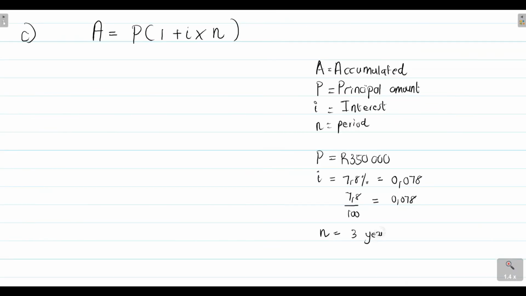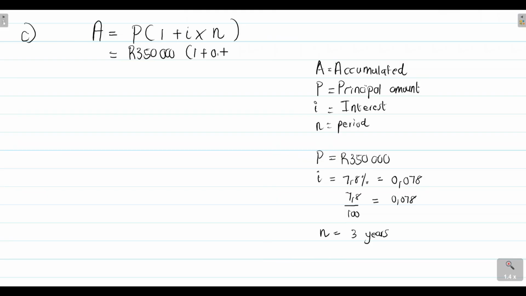Okay. So now all we need to do is substitute all these values into our formula to find out how much Shariah is actually going to pay her mom at the end of 3 years. So we're going to substitute. It's going to be 350,000 times 1 plus what is our I?